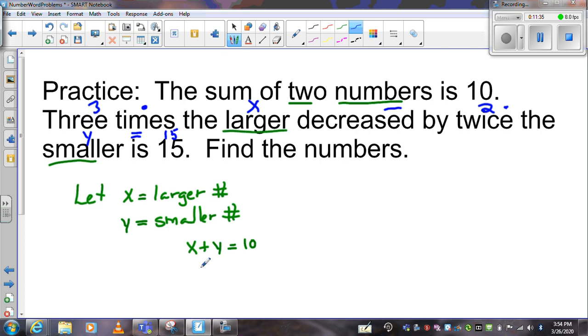So your second equation is 3x minus 2 times y equals 15. Okay, and addition method or substitution method, they both would be pretty easy on this one.